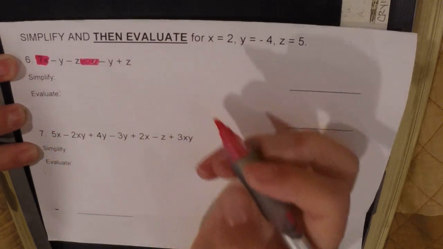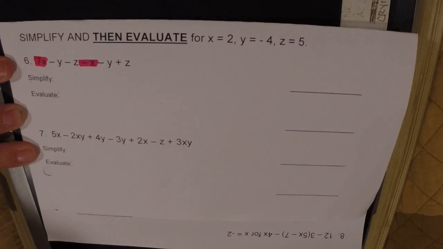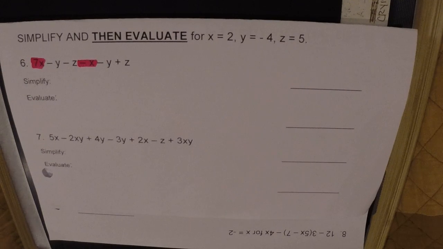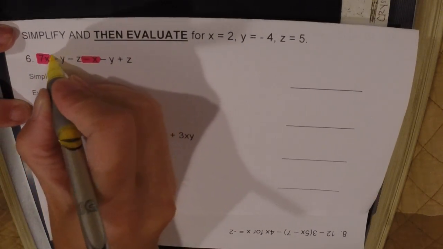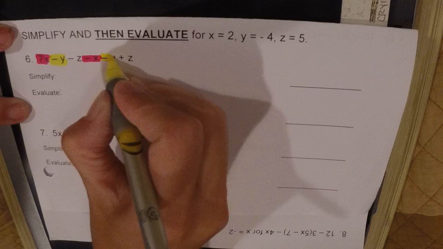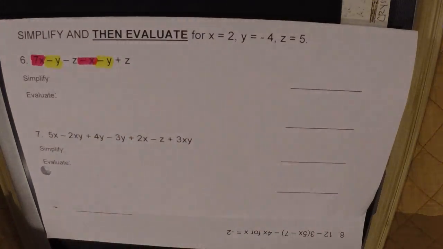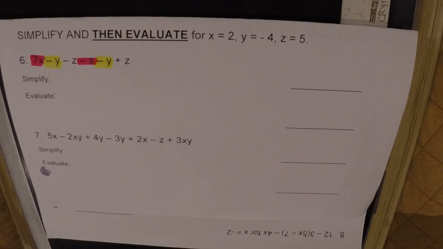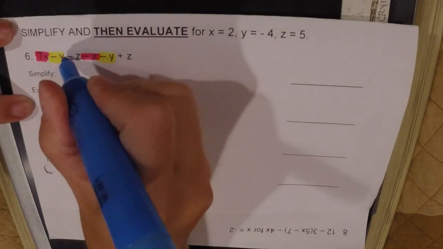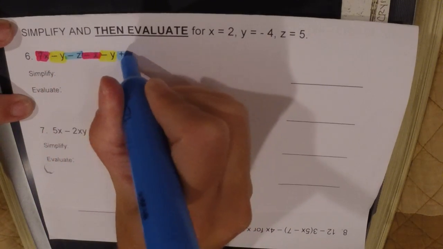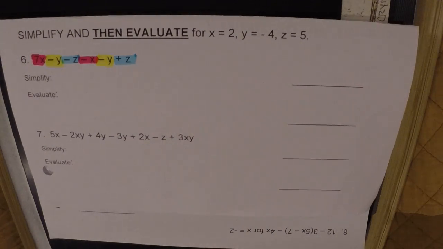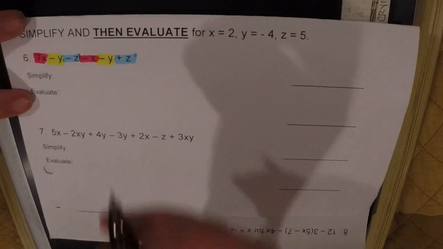This is minus x. So those two go together. Then the next thing we have is minus y, going with this minus y. And then lastly, had to dig out a third color. We've got minus z and plus z. So again, if you want to, you can separate these into groups.